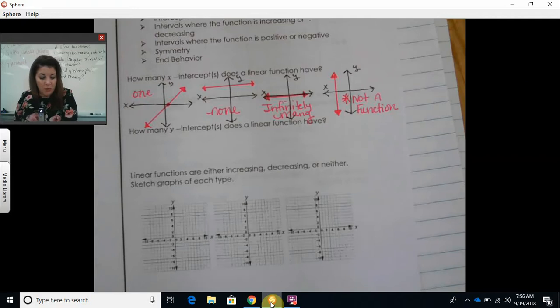The next question says, how many y-intercepts does a linear function have? Now I'm going to draw 3 little graphs for this one.